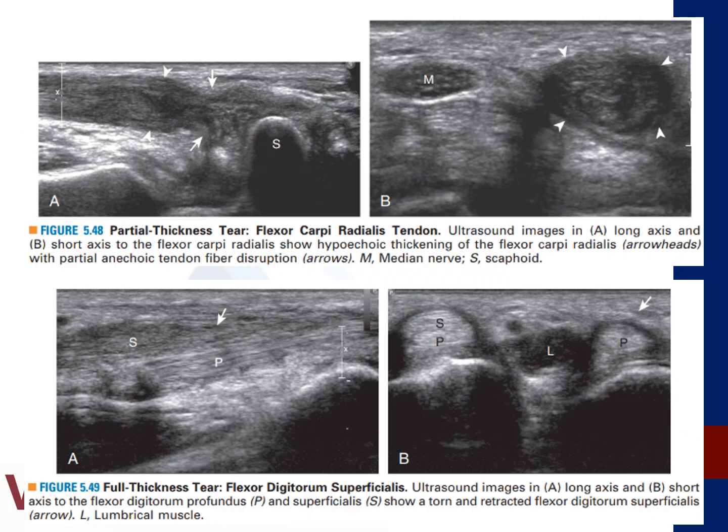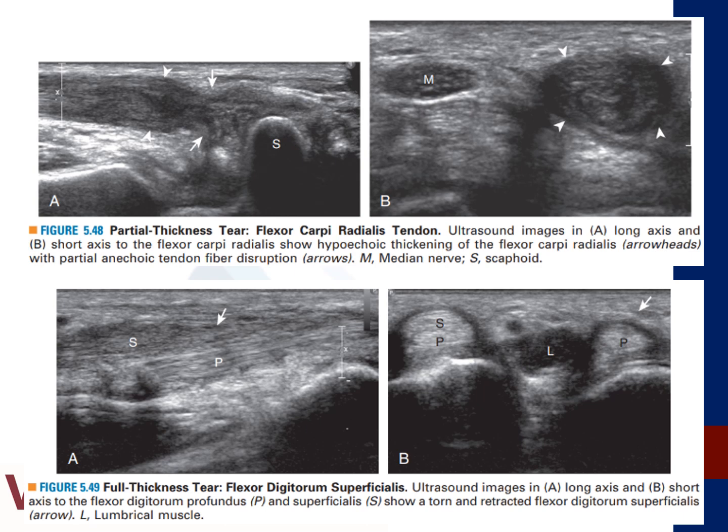These images demonstrate some of the pathology that can be assessed utilizing ultrasound. The top image is looking at a partial thickness tear of the flexor carpi radialis tendon, both in a short and a long axis. You can see in figure A and B the changing appearance of the flexor tendon.